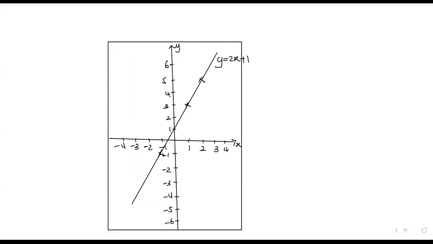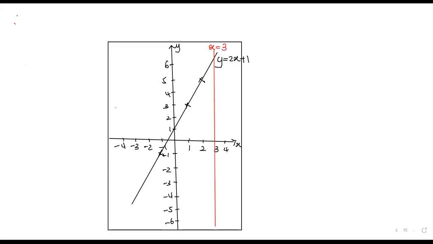X equal 3, I will take a different color for this. This is x equal 3. And I write the name here, x equal 3.